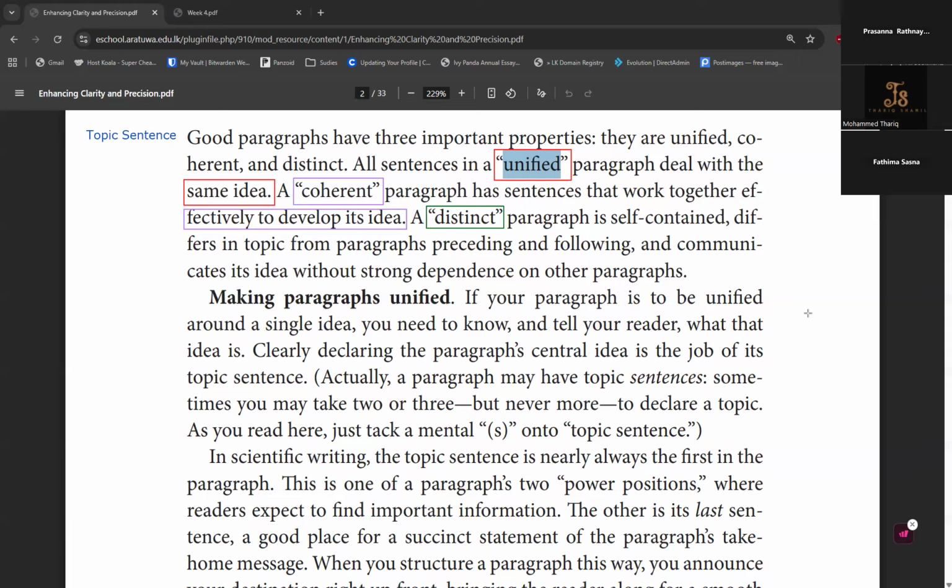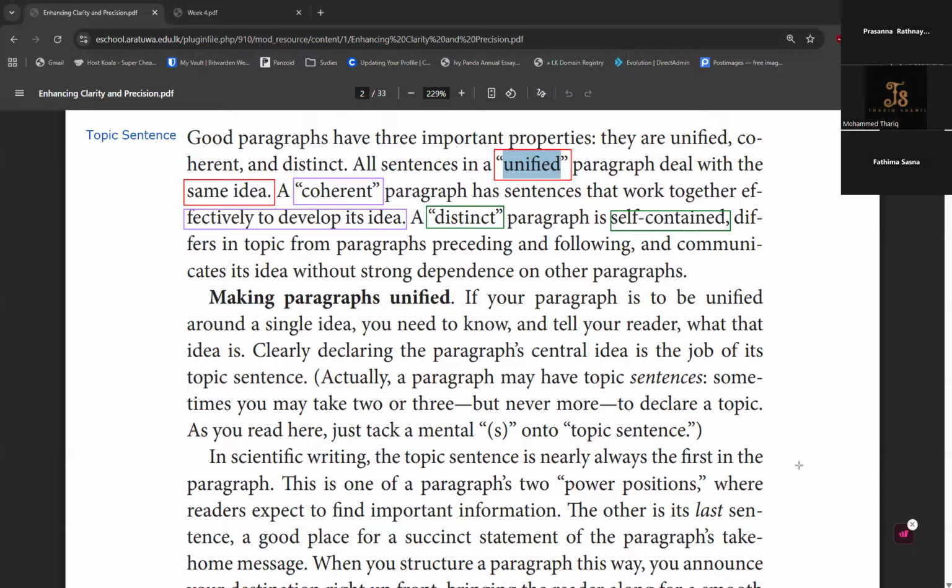These paragraphs do not become distinct. Why? They sense that it appears earlier in the introductory paragraph, so it is not distinct. So distinct means you do not write the same idea going beyond the paragraph. Let's go ahead and try to understand this. It means it's self-contained.